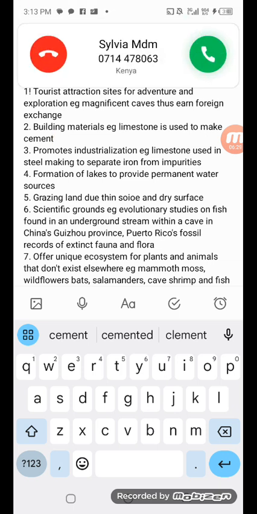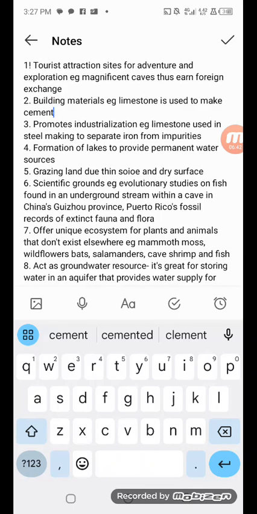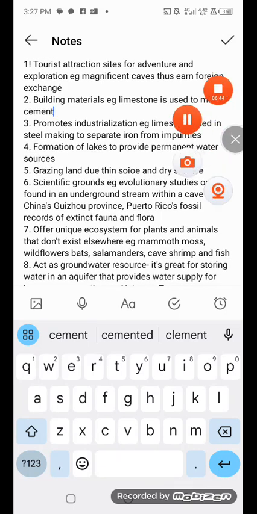So it's a big depression that will cover about 1 kilometer in diameter. So when it gets to fill with water, there's formation of lakes to provide permanent water sources.